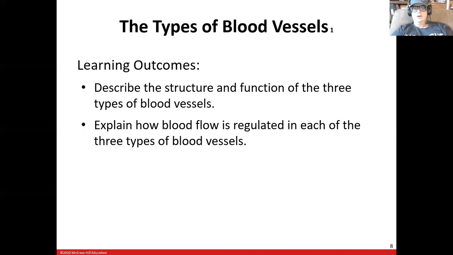So we're talking about types of blood vessels, and I want you to know that arteries always carry blood away from the heart, and veins bring blood very close to the heart, bring it to the heart, basically.